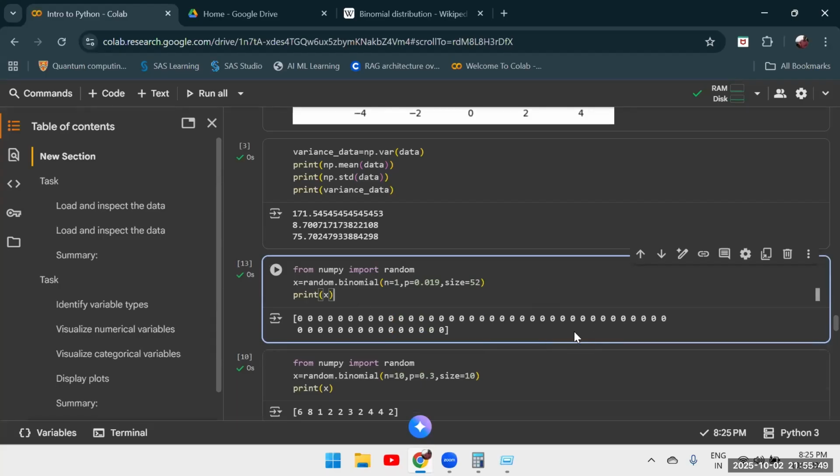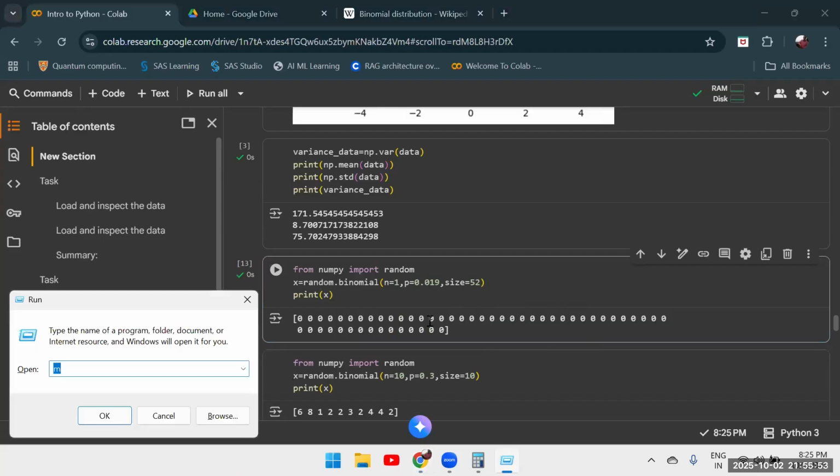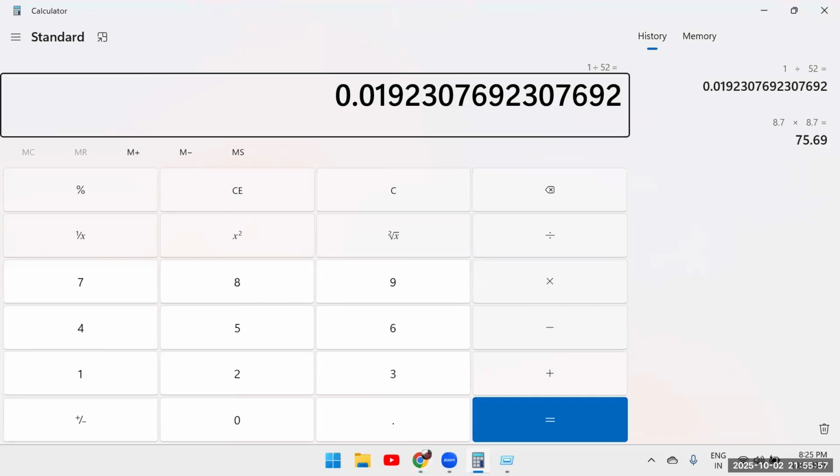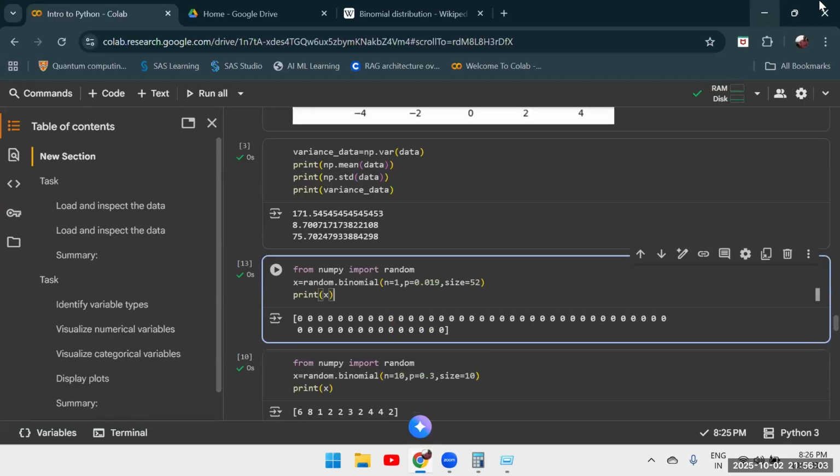Not even once is there a possibility shown, because the probability itself is 0.019, which means 1 in thousands, or that many iterations you might have to play in order to get this.